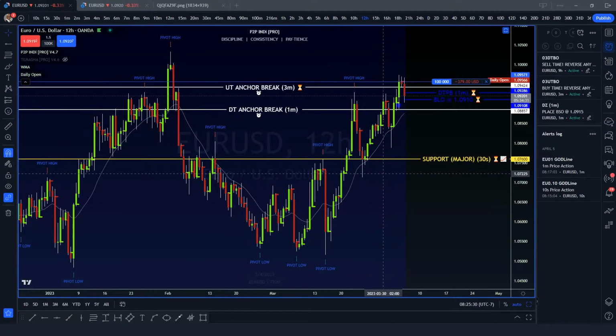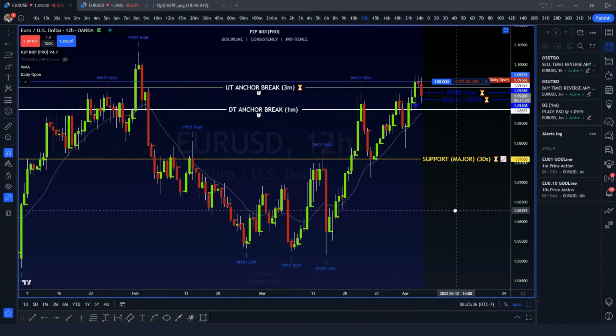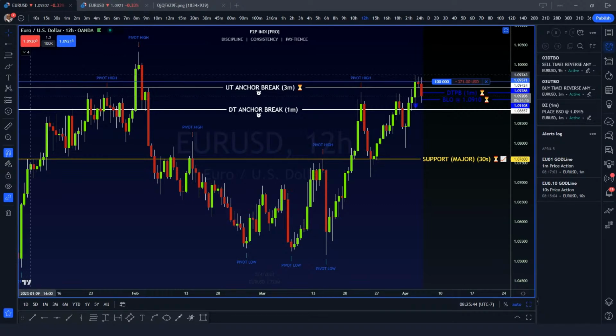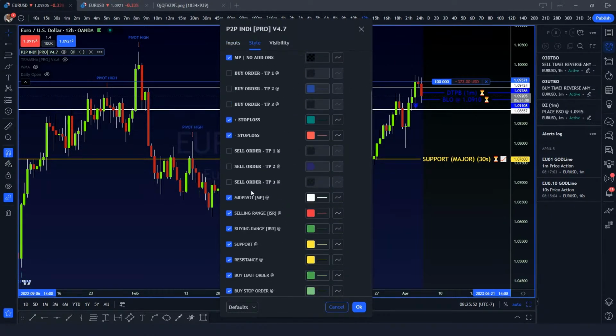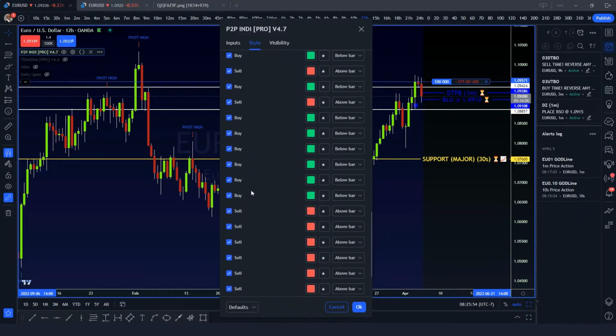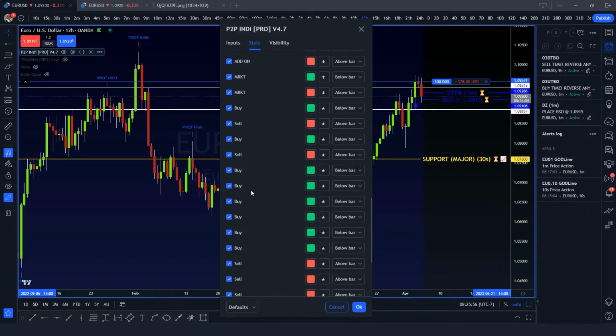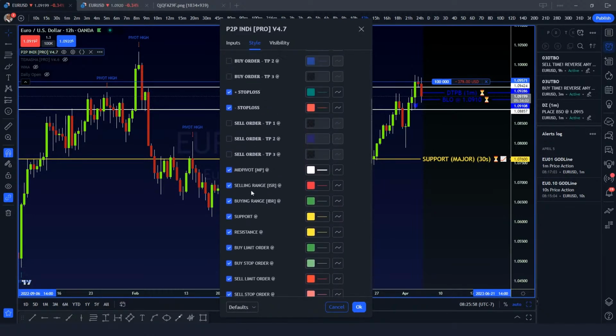Looks like we got a question from Parnham W94. Give me 1 second. What do we got going on here? Identifier style. Give me 1 second, guys. This is my indicator and something's not working on here.